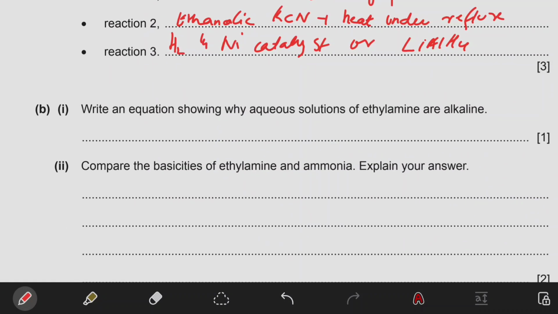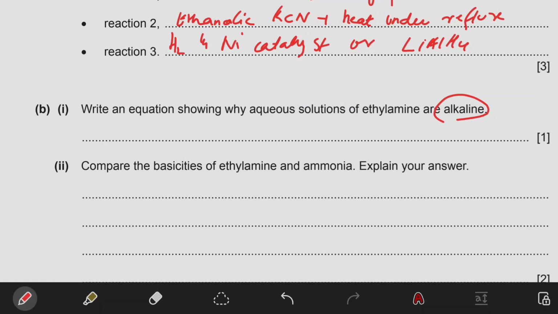Write an equation showing why aqueous solutions of ethylamine are alkaline. Now what are alkalis? Alkalis are bases, and bases are proton acceptors. So you must show that ethylamine accepts a proton. That would give the evidence of its aqueous solutions being alkaline. And since they have written aqueous solution, you have to show the reaction with water.